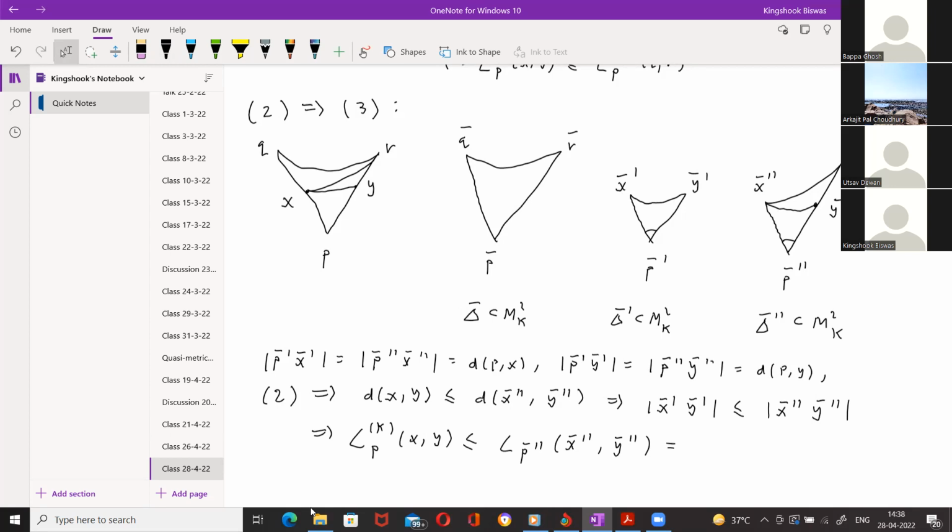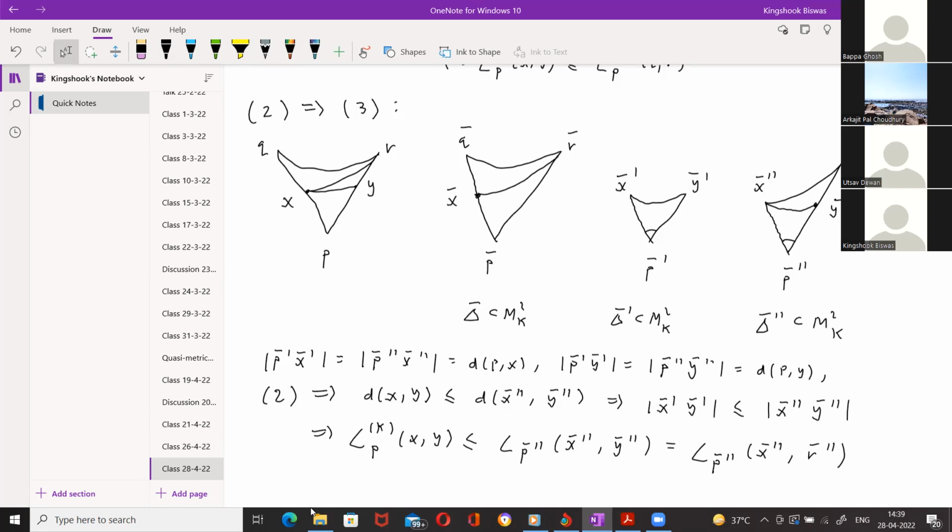Okay. Now this angle is the same as the angle at P bar double prime between X bar double prime and R bar double prime. But now in this big triangle P bar, Q bar, R bar, I take the comparison point X bar and I look at this triangle P bar, X bar, R bar.